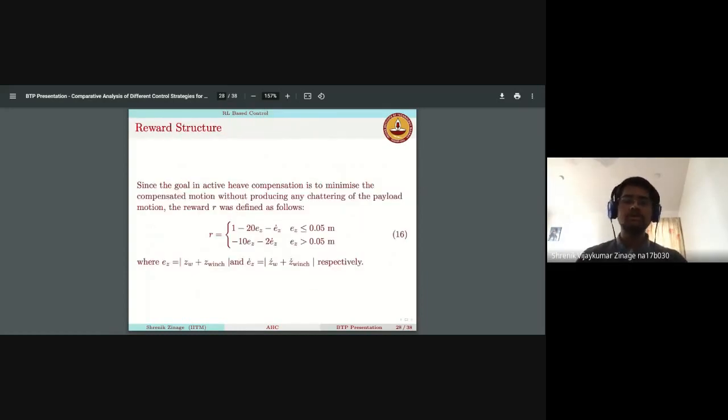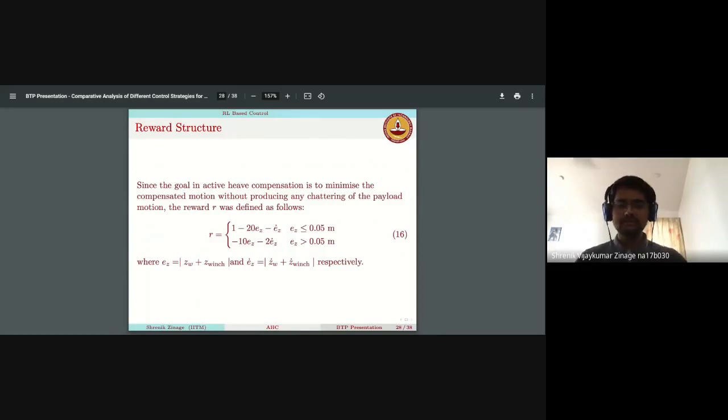Now the reward structure that I chose for this application was as per equation 16, where EZ represents the compensated motion of the payload, and EZ dot represents the velocity, the derivative term. Initially, if the compensated motion is greater than 0.05, I'm giving it a very high negative reward.